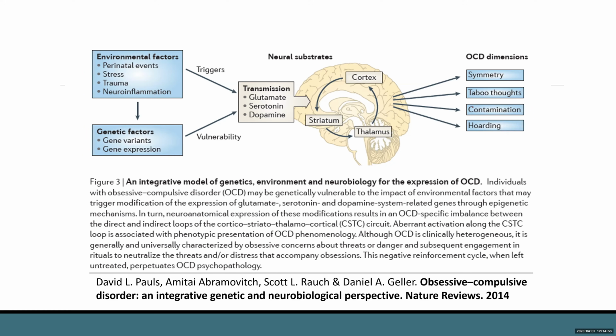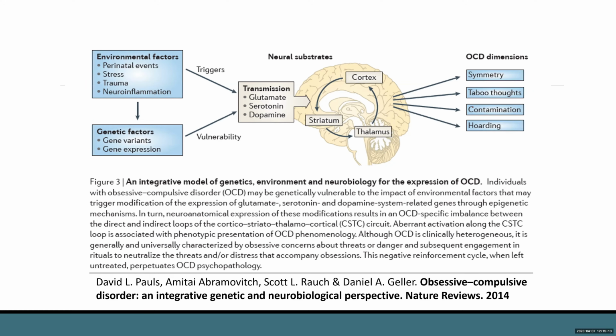What I mean by that is, typically individuals who have OCD probably had some genetic predisposition or vulnerability. So they had the genes that could potentially develop into OCD.